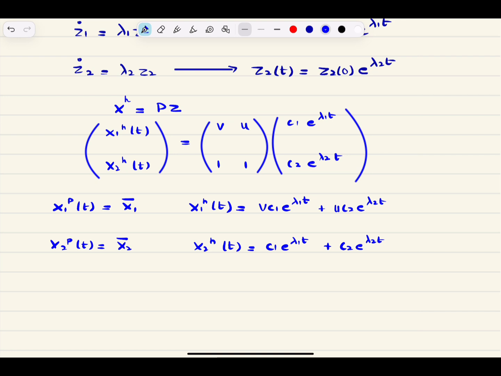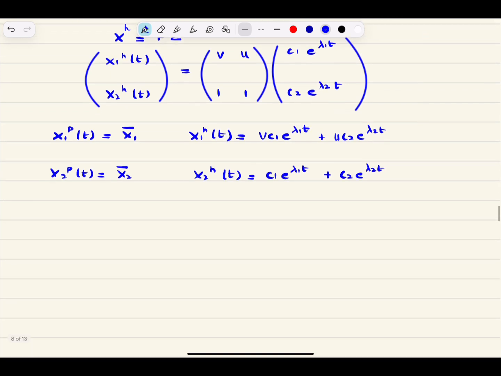The general solution is always the homogeneous plus the particular. So the general solution is always the homogeneous solution plus the particular solution. So we have our answer.